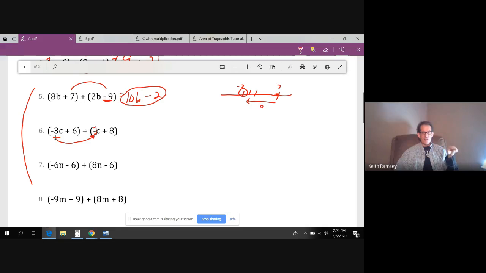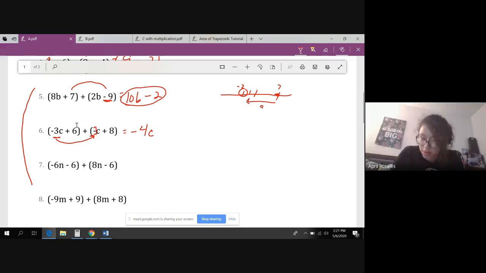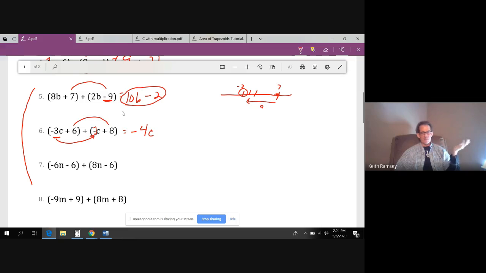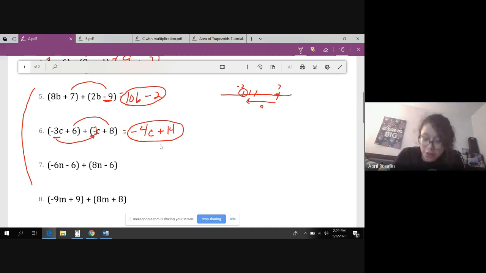So if I have -3 plus -1, I'm going to get -4C. These two numbers go together because they don't have a variable. They don't have a letter next to them. So you can combine those like terms. 6 plus 8 is 14. So I'm going to say plus 14. And that's it.